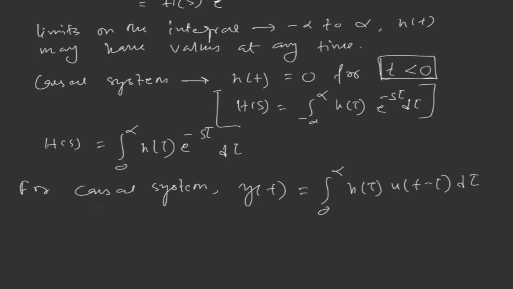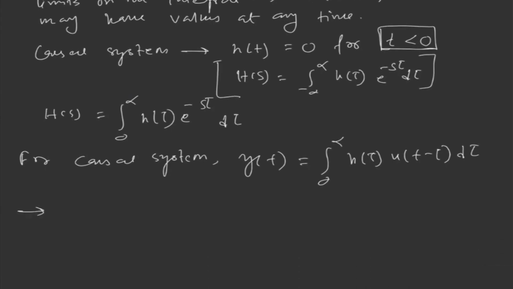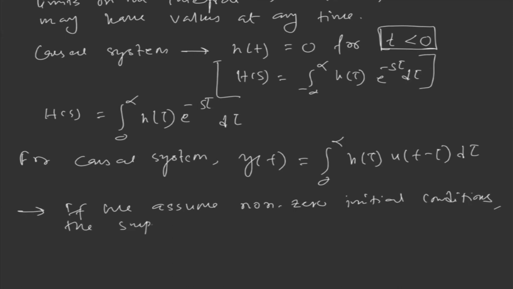Let's look at it another way. What is the relevance? Why do we have to assume the initial conditions to be zero? If we assume non-zero initial conditions, the superposition principle cannot be applied or validated.